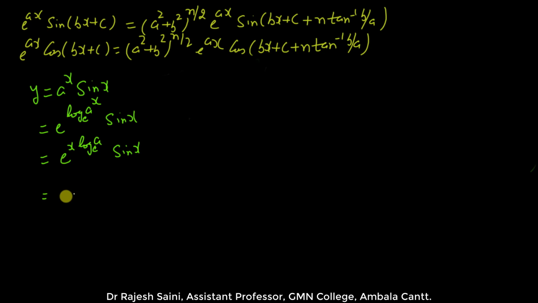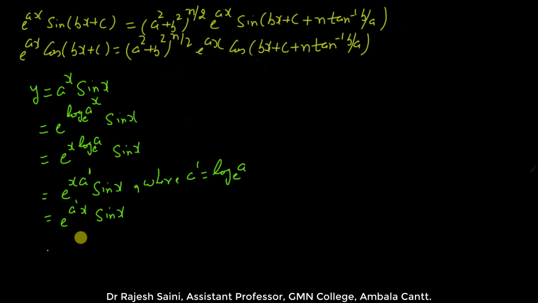So this will be e raised to x log a, which is assumed as a dash, where a dash is a constant quantity having the value log a to the base e, so e raised to the power a dash x sin x. Fine. So now we'll be finding its nth order derivative, that is y_n.